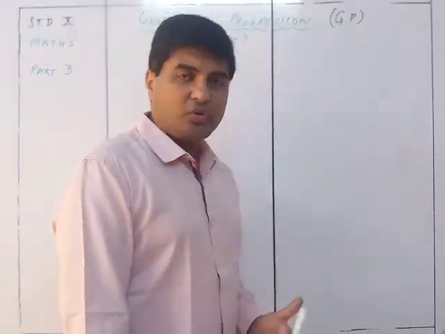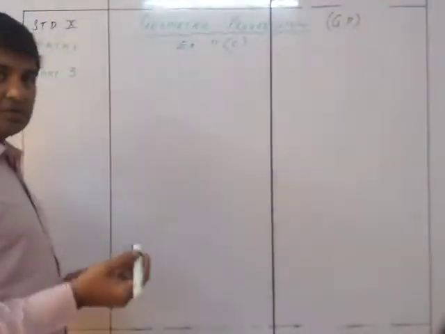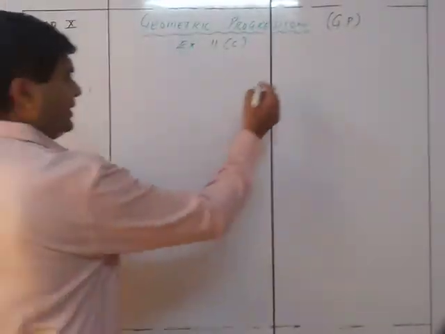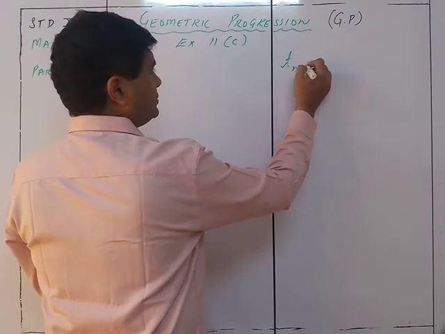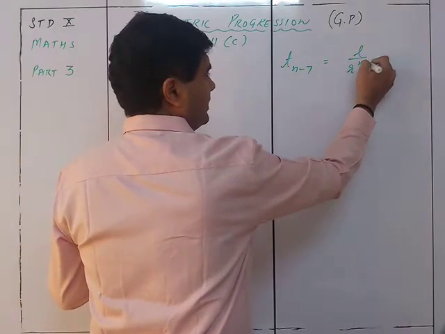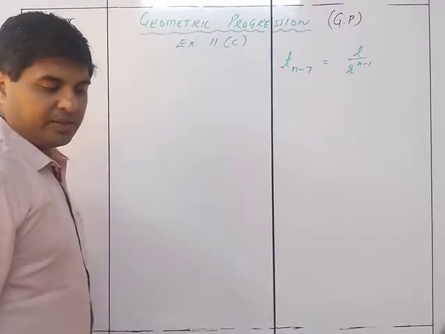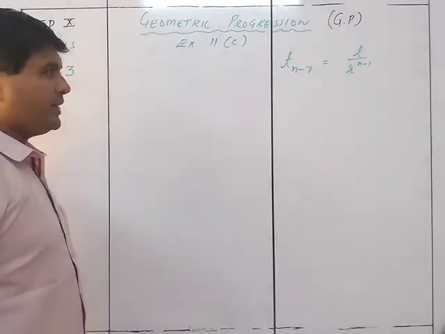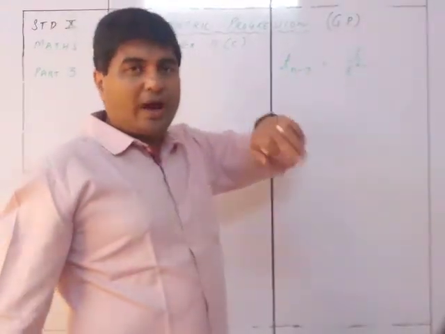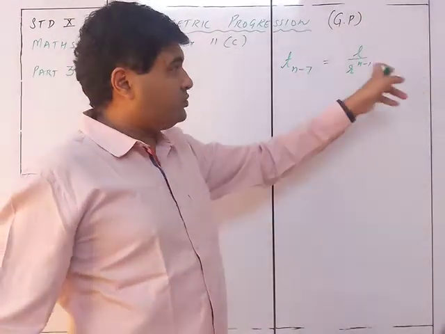We can also take the formula this way: the nth term from last is L upon R raised to n minus 1. That is another method of doing it, and that is exactly what we did. L was 32 and we took R to be 1 upon that.